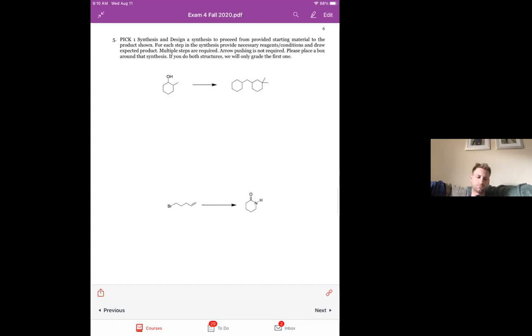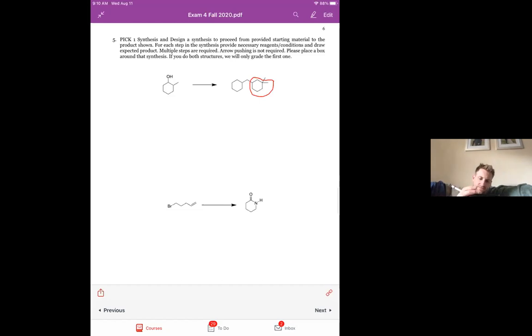So let's take a look at this synthesis here. We are going to be adding carbons. I think the way we did it was treating our starting material like it was this here.